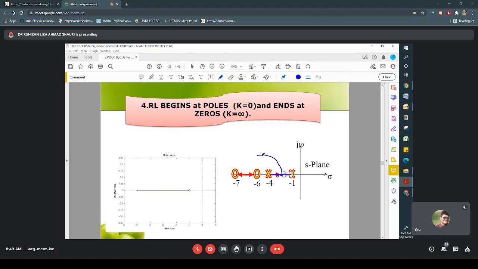That's why it bends and goes into the real axis. You call this point a break in. One branch would go to one zero, another would go to find another zero. It cannot be one pole to two zeros, so you must make sure that it is one pole to one zero.